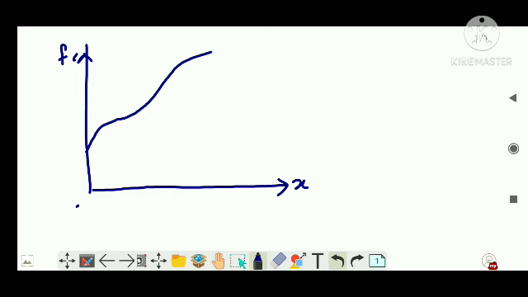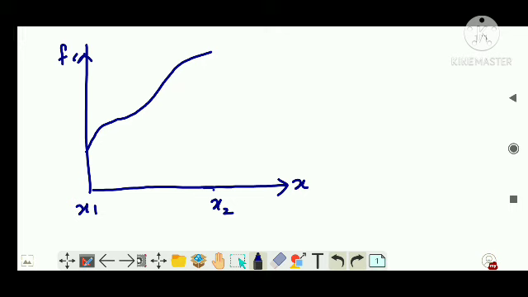Let's say the initial position is x1 and the final position has reached x2, right? So you can say the force is not constant. Let's say here F1, then there is another force here, right? So the force is changing in this condition for that body, so you can say there is a variable force acting on that body, right?